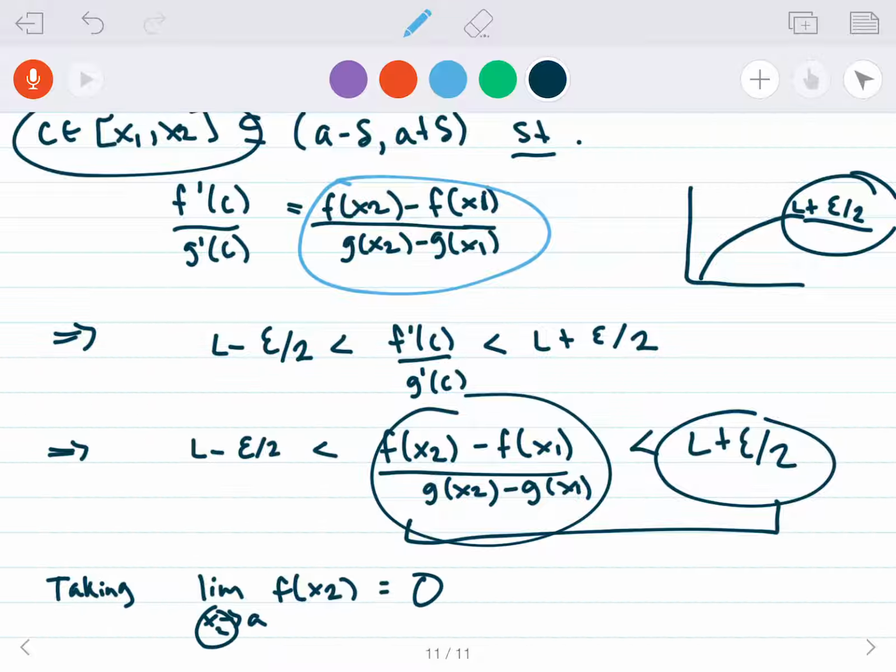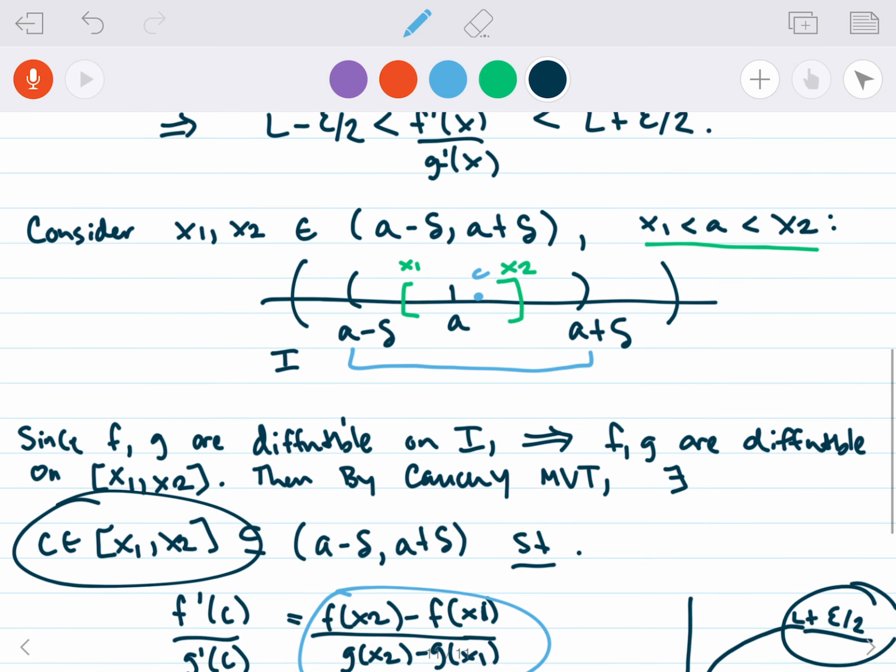This was x right here, but it doesn't matter, it's just another variable. Similarly, the limit as x2 goes to a of g of x2 is going to be 0, just by our hypothesis 1.